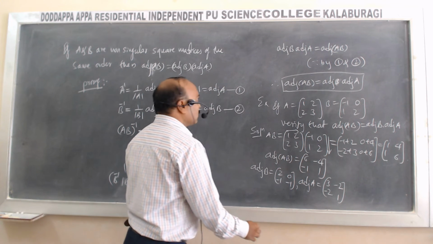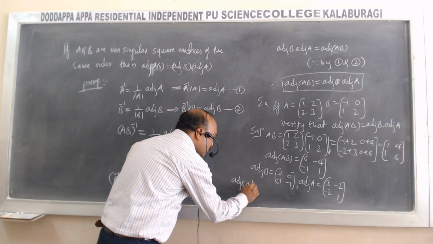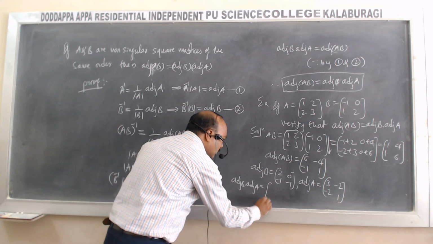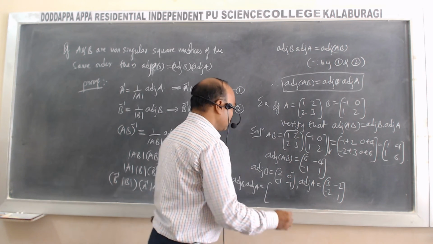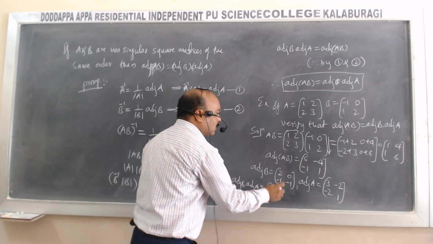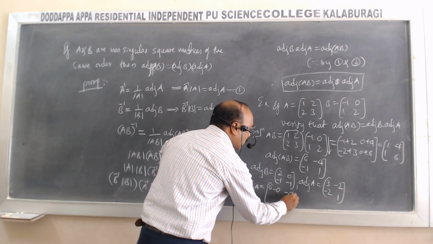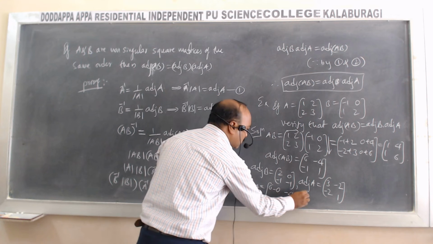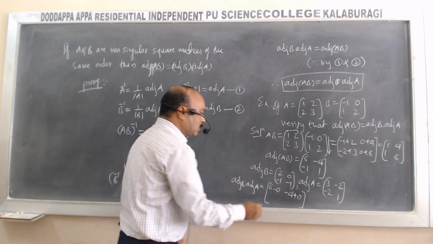Then we calculate adjoint of B into adjoint of A. So this is, it is 2 into 3, 6 minus 0. Next 2 into -2, -4 minus 0 plus 0. Next third element -3, minus into minus plus 2.